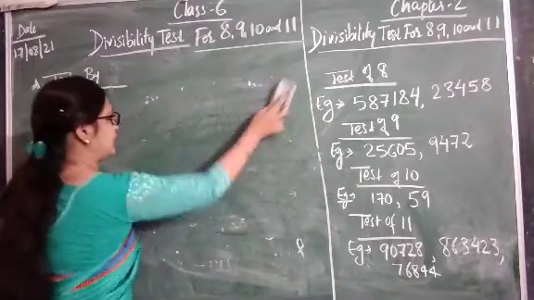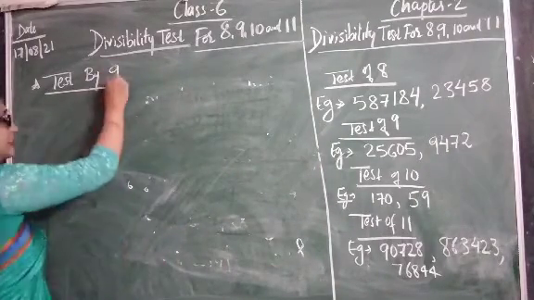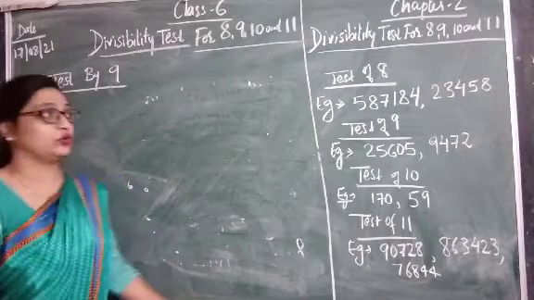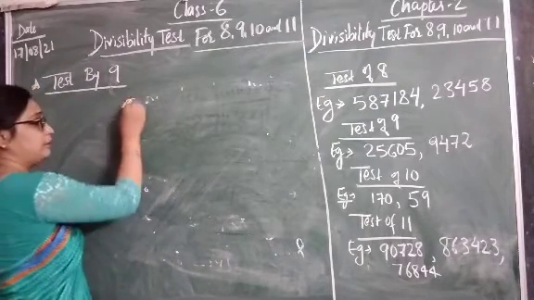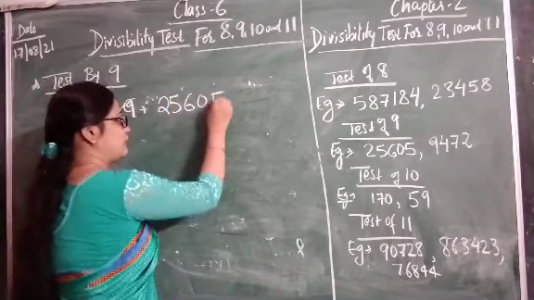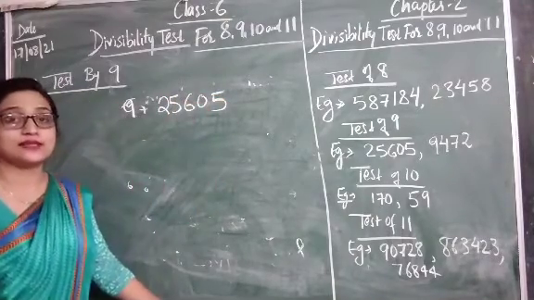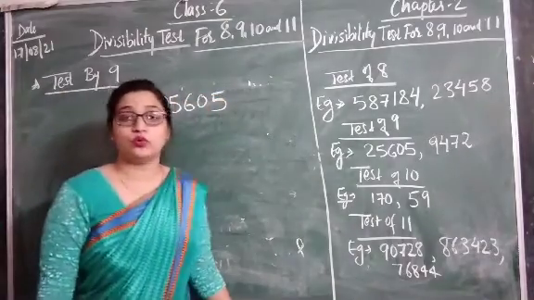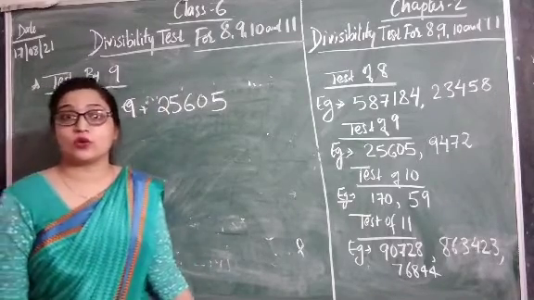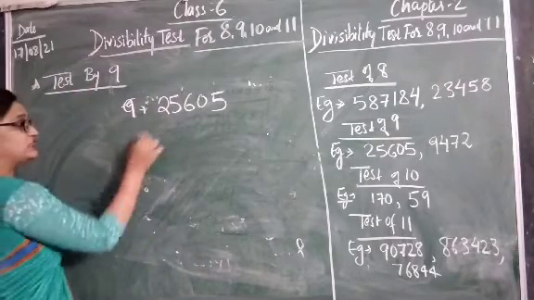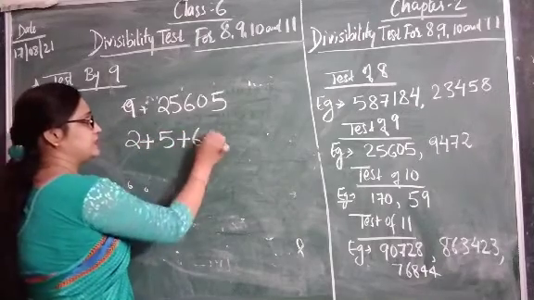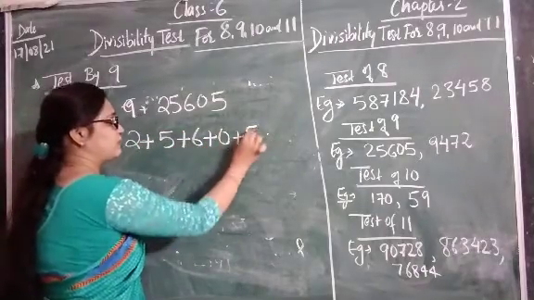Okay, test by 9. Test by 9 is like the test of 3 as it is. What we have to do, it's very simple. Example is 25605. Okay, for testing the 9, we just have to add the given digits. 2 plus 5 plus 6 plus 0 plus 5.